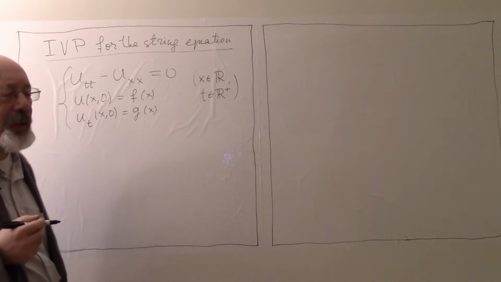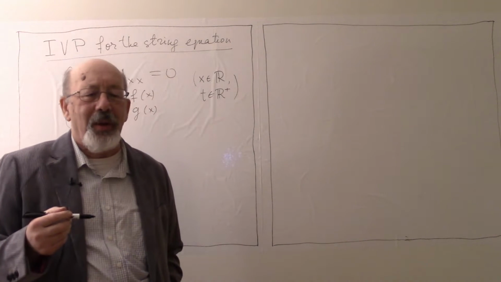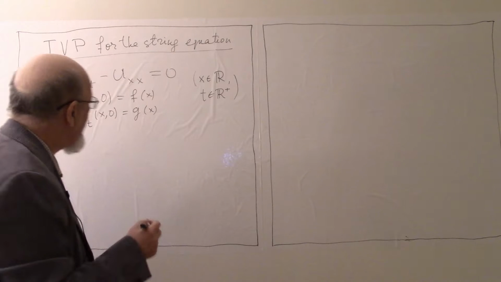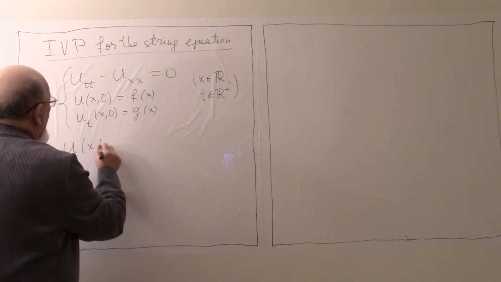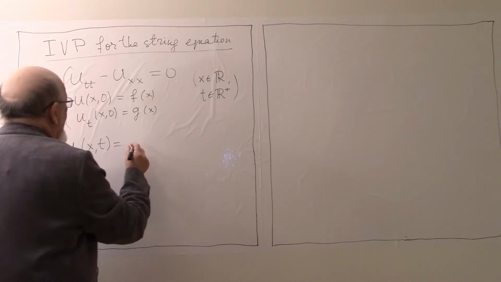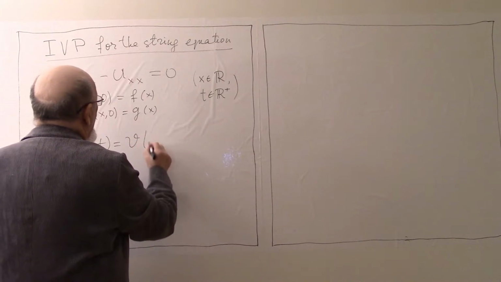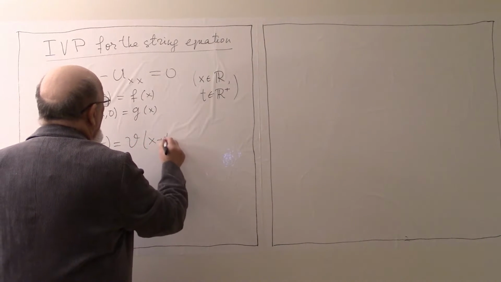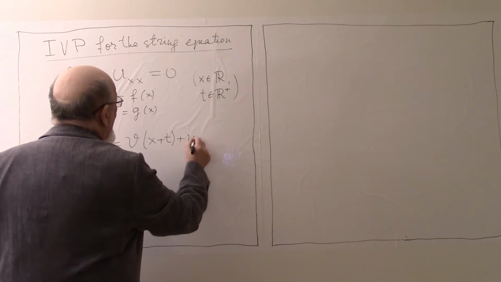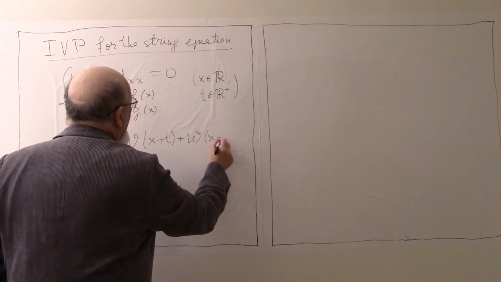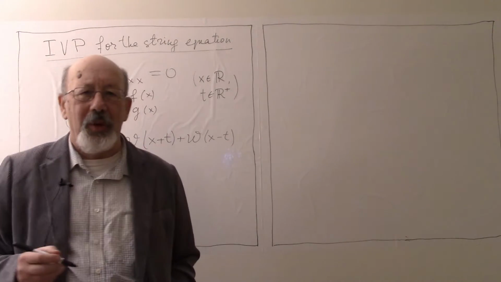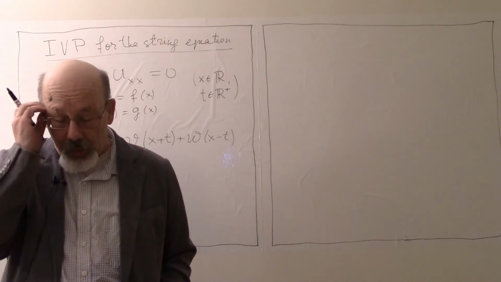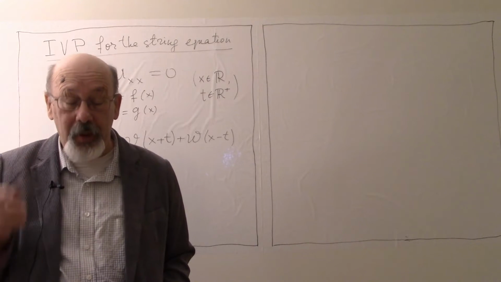So we know that every solution of the string equation has the form u of x,t equals v of x plus t plus w of x minus t. Last time I derived this formula. So we have to find these functions v and w.